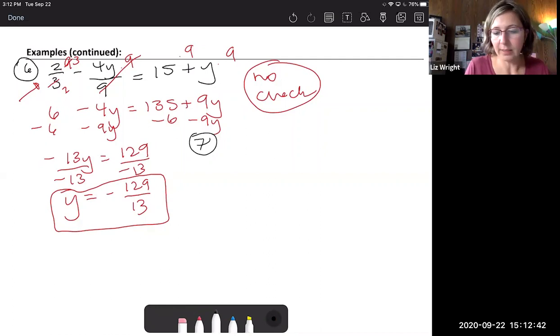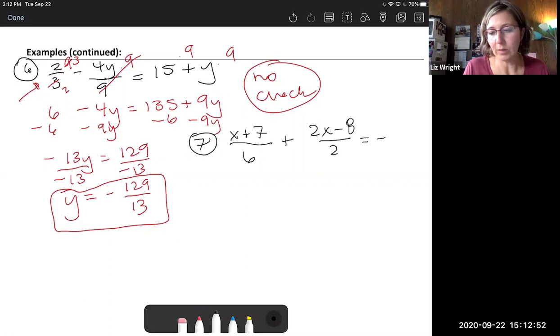So number 7, this time we've got x plus 7 over 6 plus 2x minus 8 over 2, and that is going to equal negative 4. So I want you to think about what is going to be the least common multiple, the lowest common denominator that we're going to multiply every single term by.